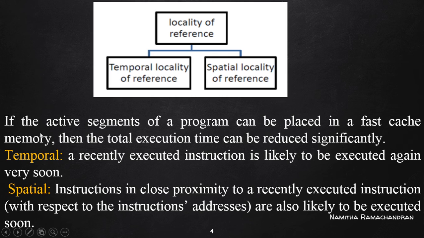Based on this property, we can define an active segment of the program code, and if it is possible to place that active segment in the cache memory, we can increase the speed of our memory access operation, which will help to increase the performance of our processor.